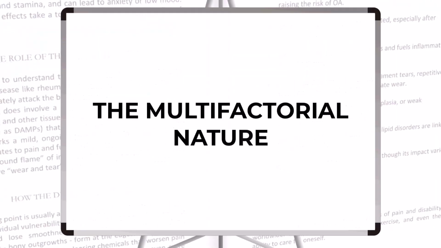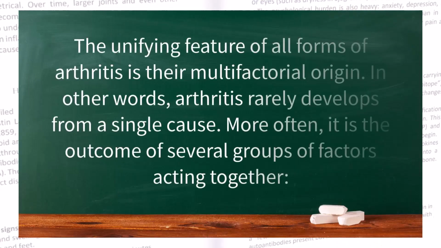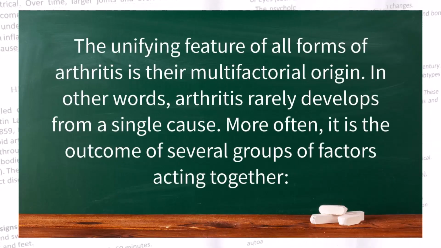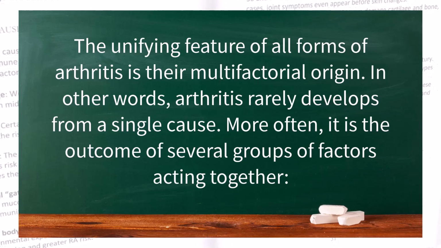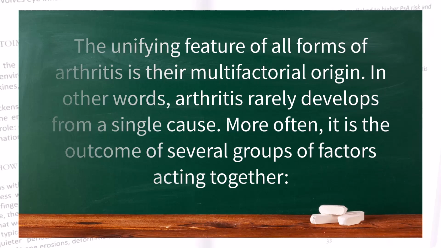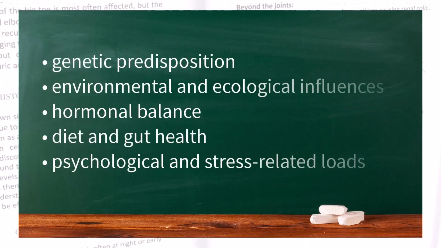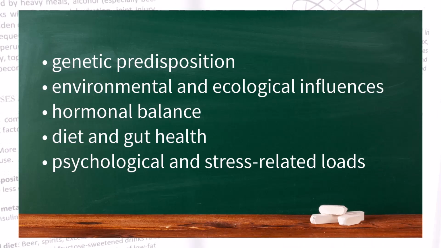The multifactorial nature. The unifying feature of all forms of arthritis is their multifactorial origin. In other words, arthritis rarely develops from a single cause. More often, it is the outcome of several groups of factors acting together. Genetic predisposition. Environmental and ecological influences.